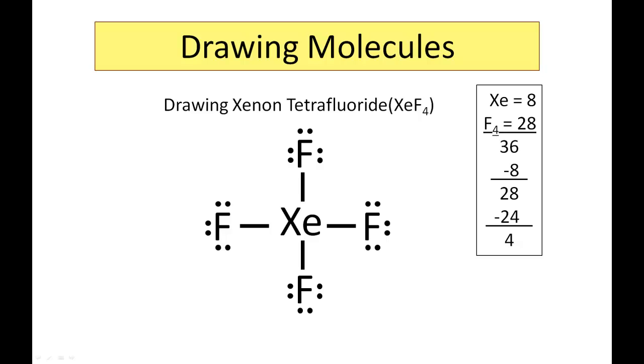If this is the case where everybody's octet is full, but we still have remaining electrons to put in the molecule, we're going to place them around the central atom. Notice that xenon now has a total of 12 electrons around it, which is fine for xenon because it can have an expanded octet. And that's what the final molecule looks like once everybody's octet is full and we have gotten rid of all the valence electrons.